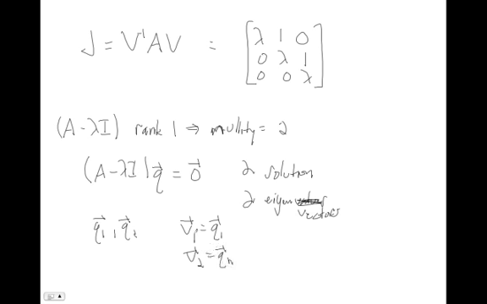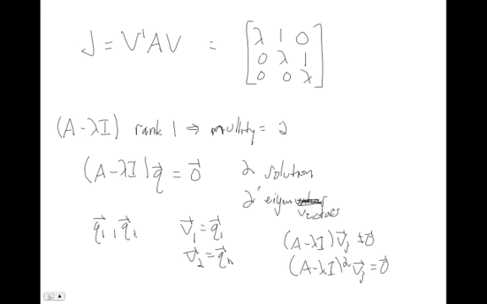But that means there's going to be this other V3 that exists, such that A minus lambda I times V3 is not equal to 0, but A minus lambda I squared V3 is equal to 0. So V3 is a generalized eigenvector of order 2.